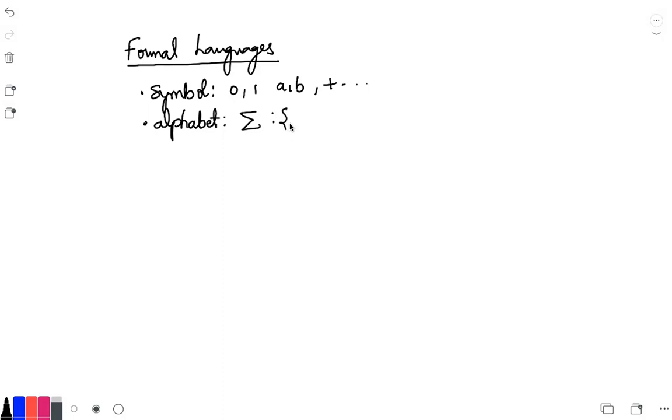So sigma equals 0, 1 is the writing notation of the alphabet. This specifies all the strings over the alphabet 0 and 1. If I take length 2, it will be 00, 01, 10, 11. We call these the strings over the alphabet 0 and 1. So 0 and 1 essentially specifies the range of the characters.